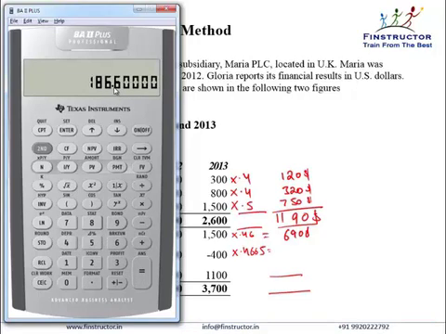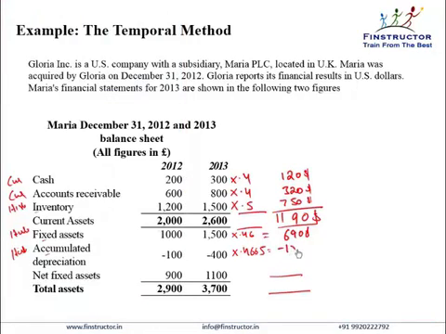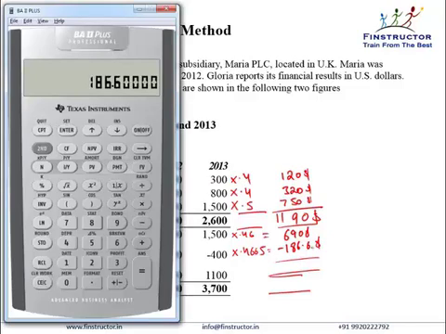That is $186.6, giving us the net fixed assets of $503.4.